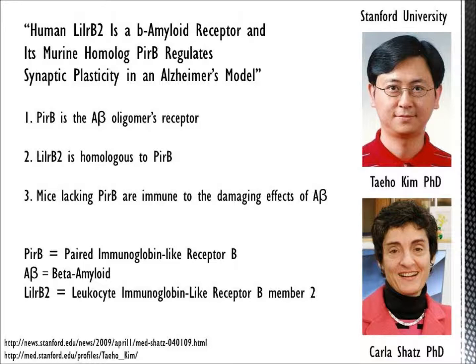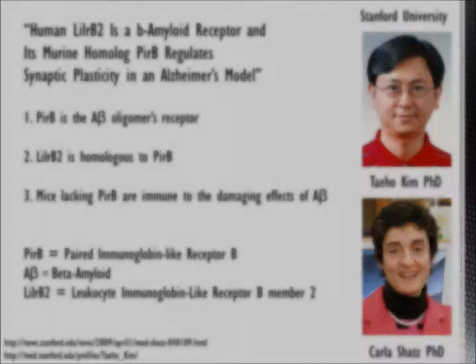The first part is about proving that PIRB is the A-beta oligomer receptor, the second part is about finding the human version of PIRB, and the third part is about assessing whether or not PIRB contributes to cognitive deficits in a living mouse.